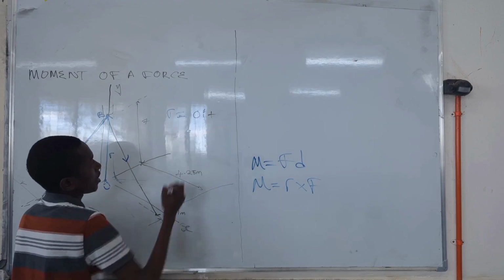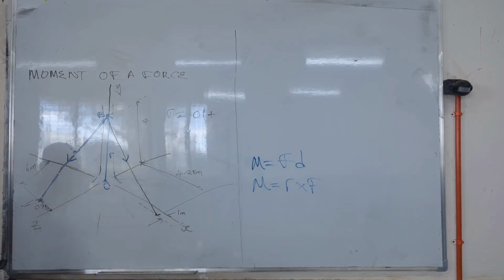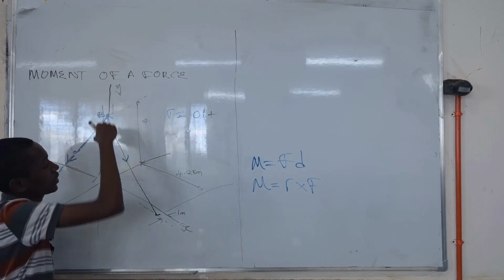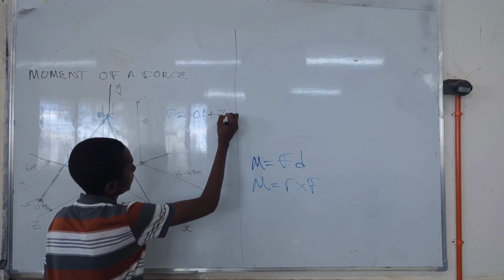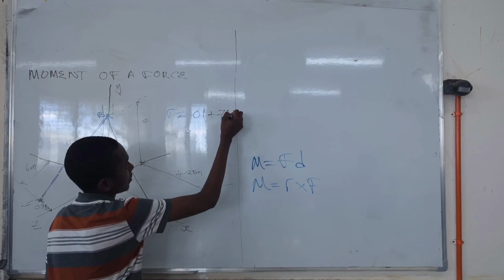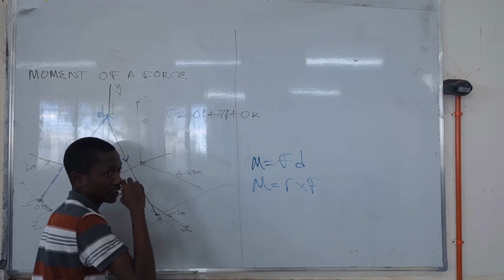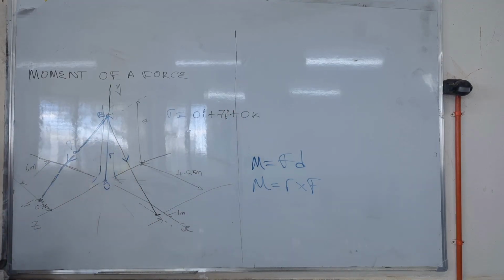Plus in the y, are we moving? 7, so we are going to the positive. It's going to be 7j plus 0 k. Okay, so we've done that.